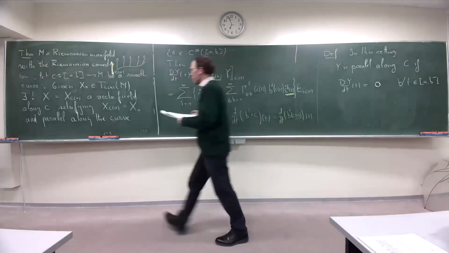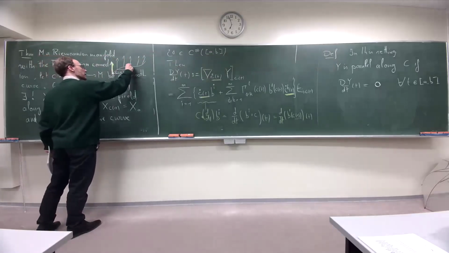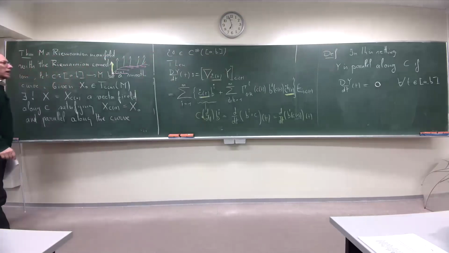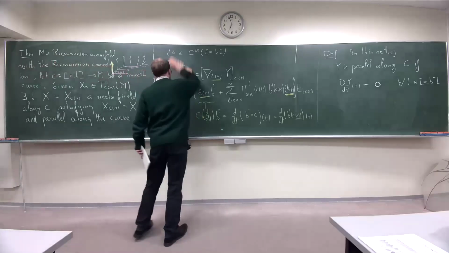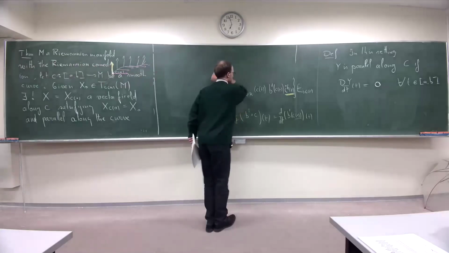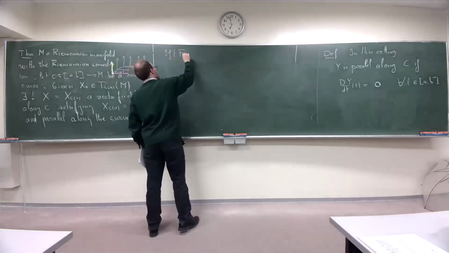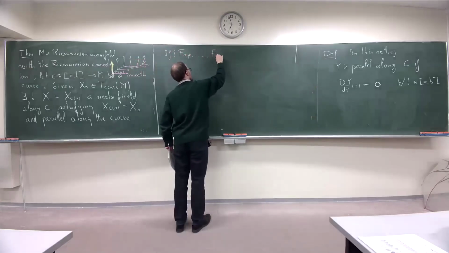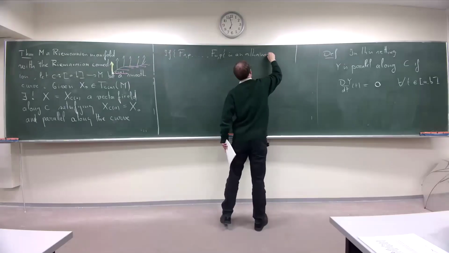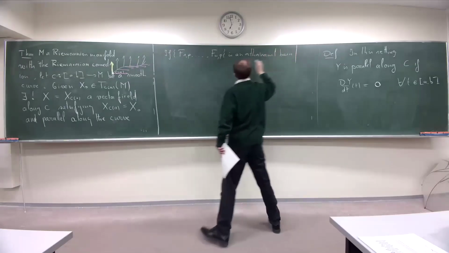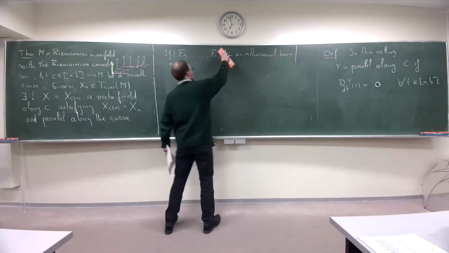Okay. And the statement is not finished, because now you can also take a second vector and take, for example, an orthonormal basis. And the statement is going to be, if you start with a basis, you can transport it and it stays a basis at every point. So still the statement: if F1 up to FM is an orthonormal basis, sorry, I should not put P. I want an initial condition, so let me put 0.